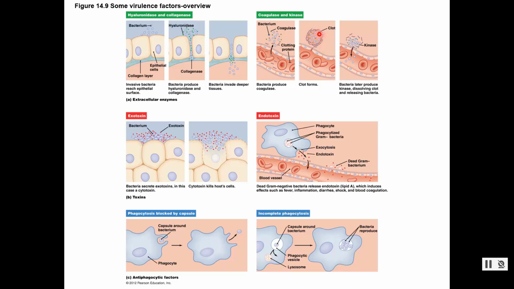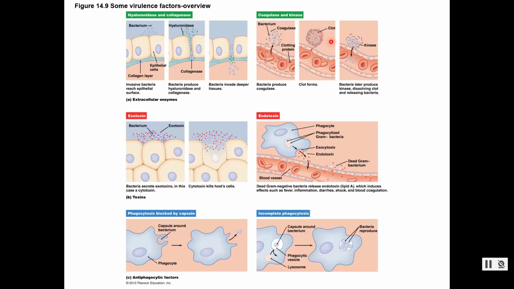Now the bacterium is inside the clot, and while it's there, time is passing and it is reproducing. We go from a very small number of bacteria to many. Because it's in a clot, it's harder for our immune system to detect it. That's the virulence factor: evading detection from the immune system.